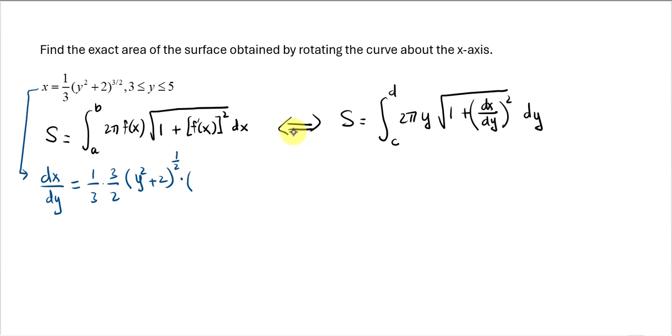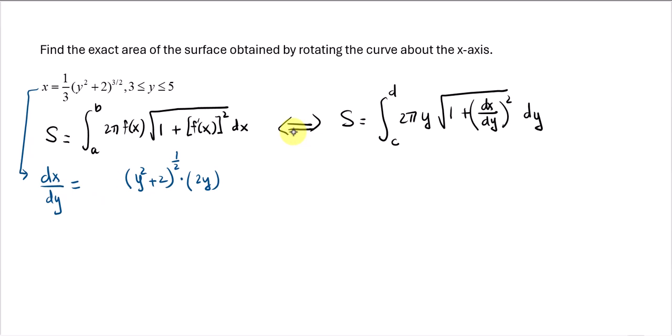And then I multiply by the chain rule, which is the derivative of y squared plus 2. That is 2y, right? Because we bring down the 2 and subtract 1 from the exponent. And you can actually cancel the 3 and the 3 right here. So it's actually 1/2.